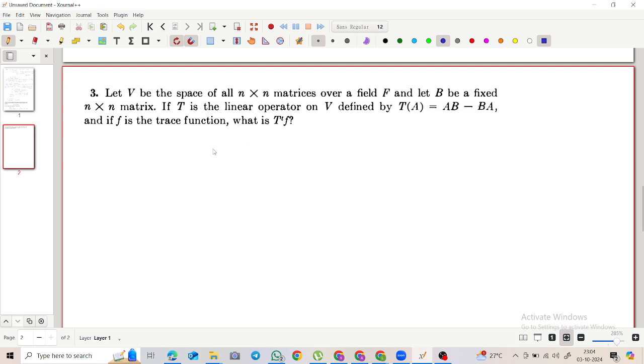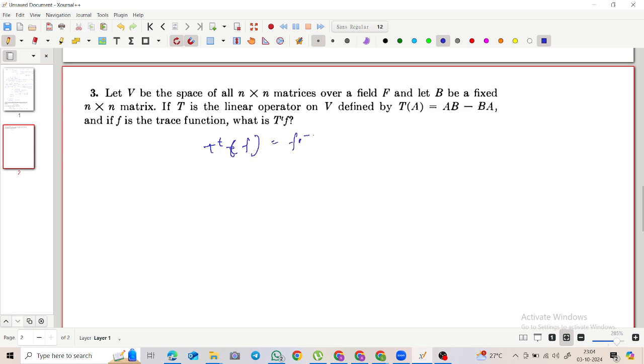So, it will be zero, sorry. It will be zero, I think. Okay. What is T transpose f again?